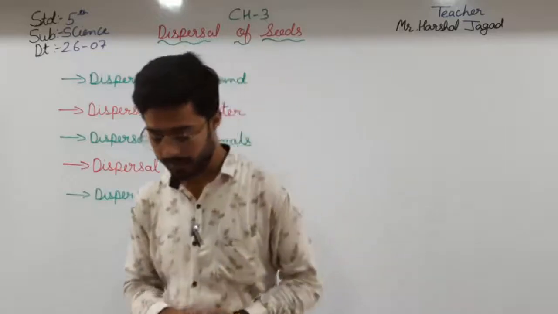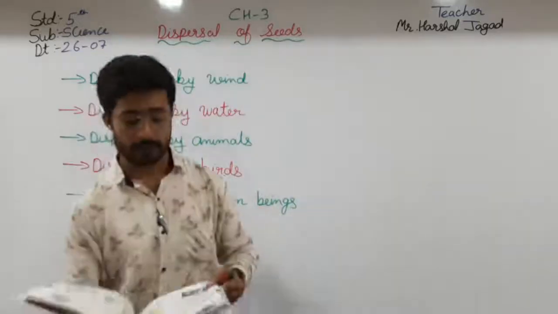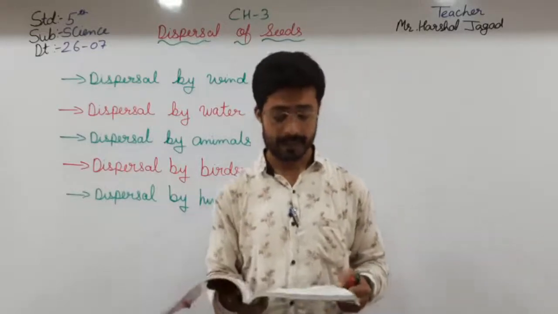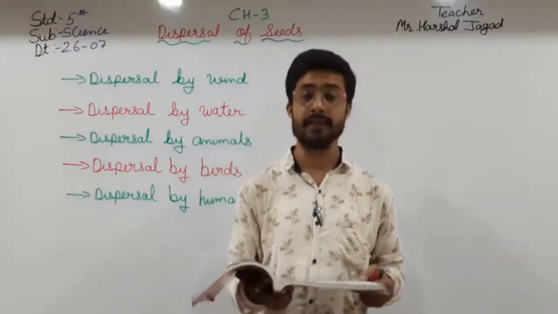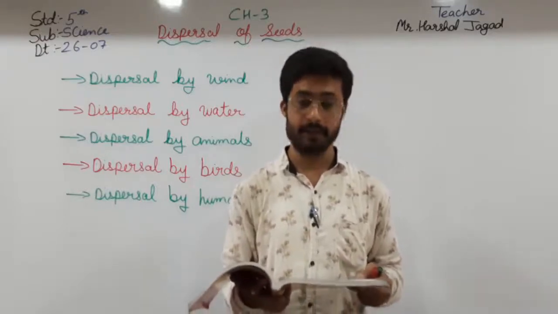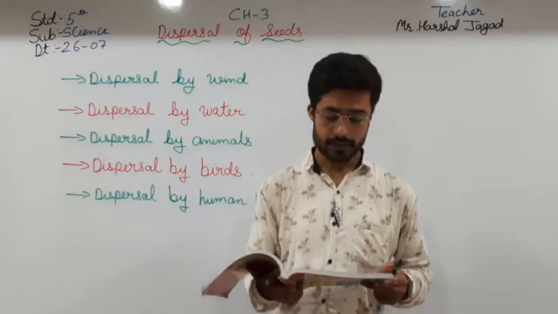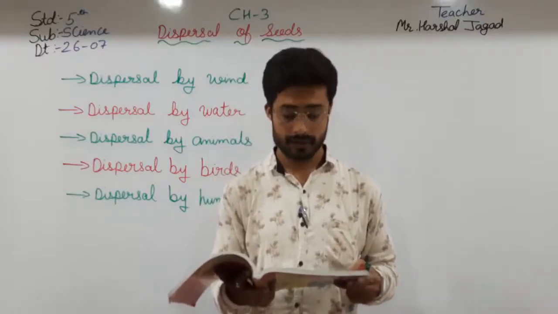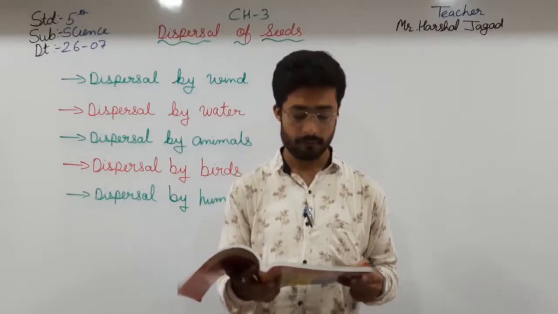Okay students, so here, from dispersal by the winds, I am just reading that the seeds of some plants such as drumstick or dandelion are lighter and have wings or feathery parachute-like structures. They float away in the wind. The seeds of cotton and silk cotton have fluffy hair.